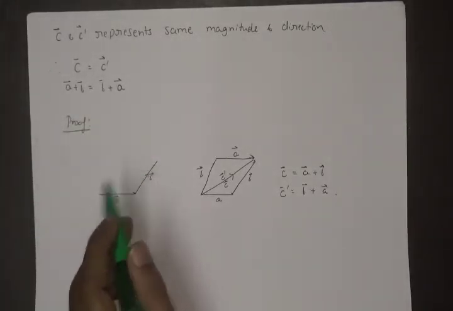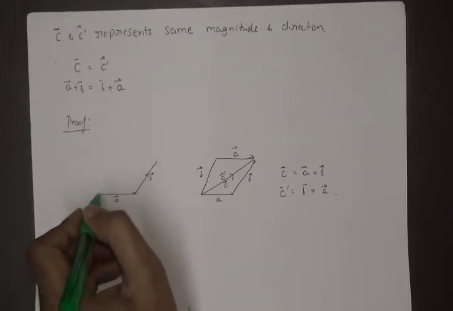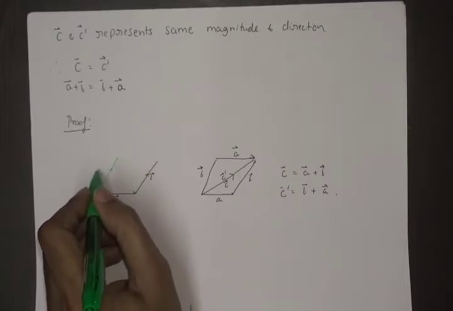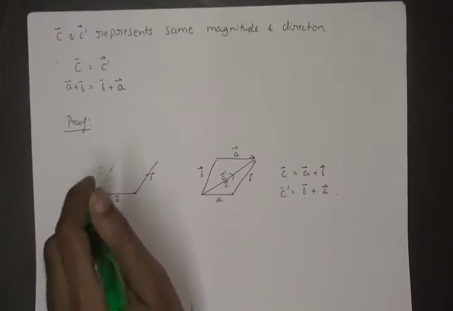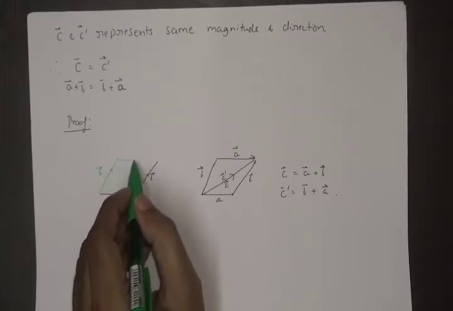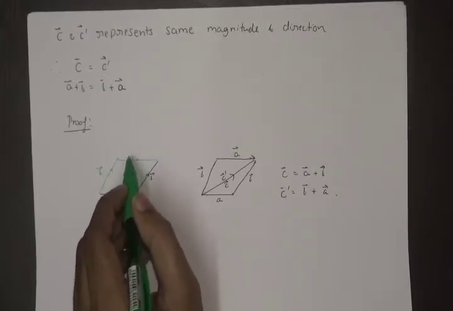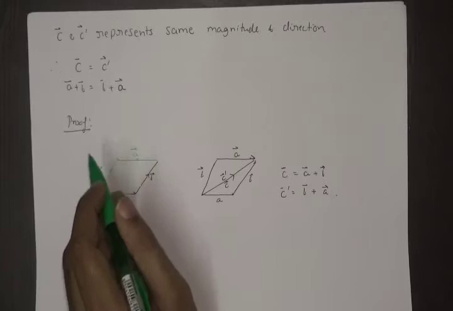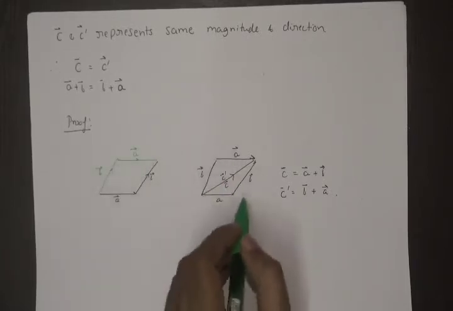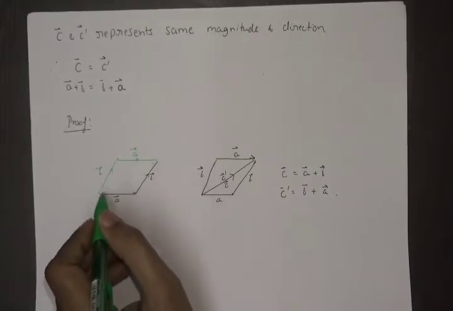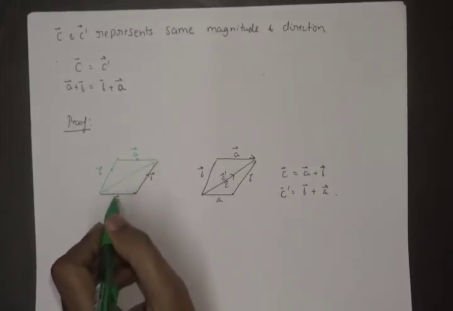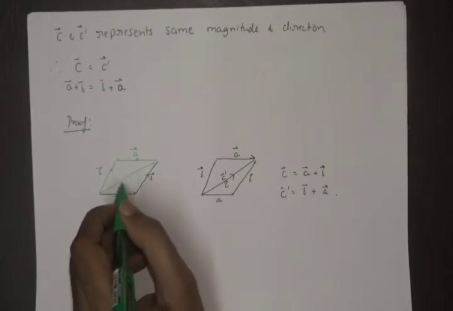These are the two vectors we want to add. What we do, we draw a vector parallel to B of same magnitude, thus it is also B vector. We draw a vector parallel to A of same magnitude, and thus this is also A vector, and we get this parallelogram. In this parallelogram, this side will represent A vector plus B vector.